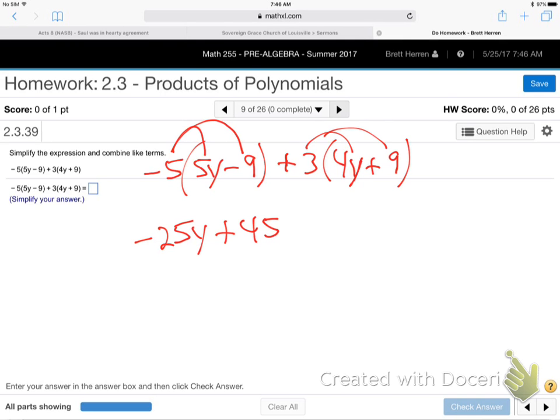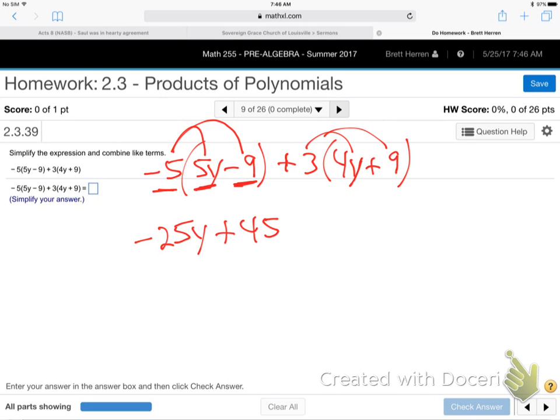Good to there so far. Everybody see how the signs work there? The minus 5 times plus 5y made negative 25y, and then negative times negative with the 5 and the 9 made plus 45. Good so far for the first one?